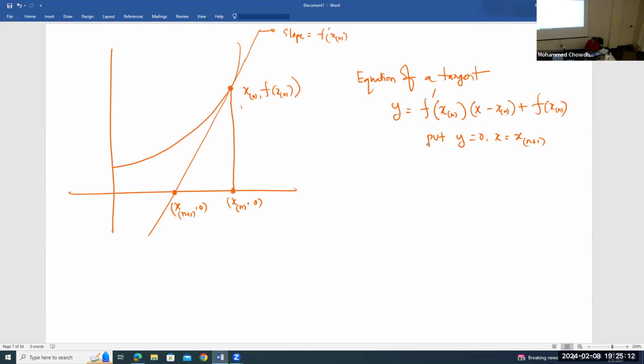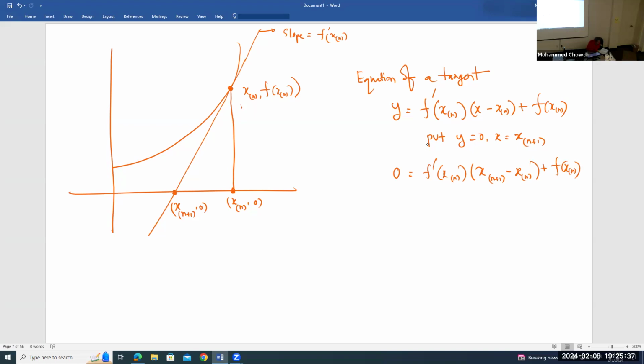So I want to put these things in there. I put 0 for y, f prime of xn, and for x I put xn plus 1 minus xn, plus f of xn.